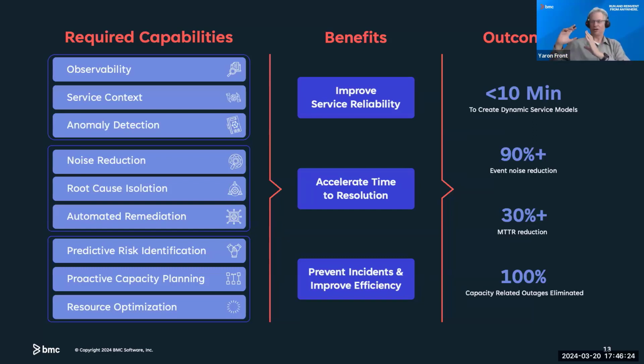So what does it look like from a service management perspective? What does it look like from a monitoring observability perspective? So let's talk a little bit about the types of capabilities you can get from a true and modern AIOps and observability practice. So the first one, so I'm talking about the column on the left.